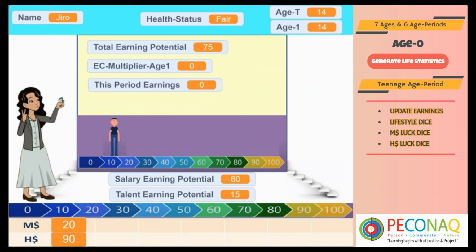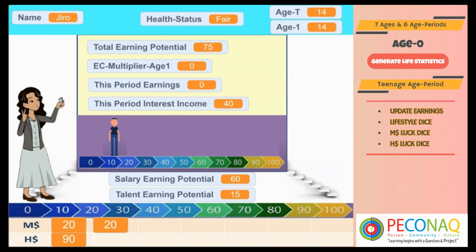My total earning potential is then 75 points. Since I am still a kid at this stage of my life, my earning capacity multiplier is 0. Thus, my job earnings in this period is 0 points. The total money I have in my bank account in this period is 20 points.